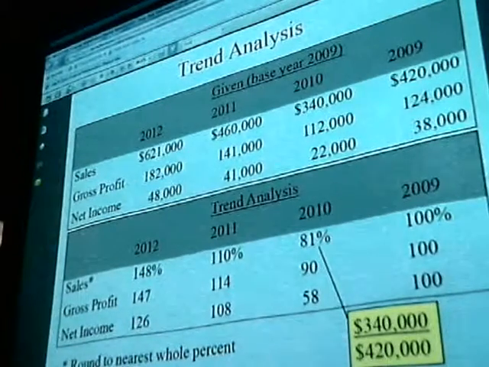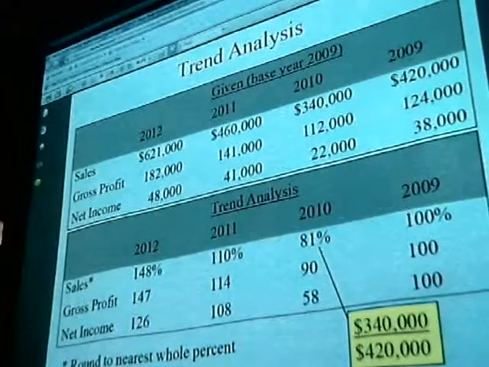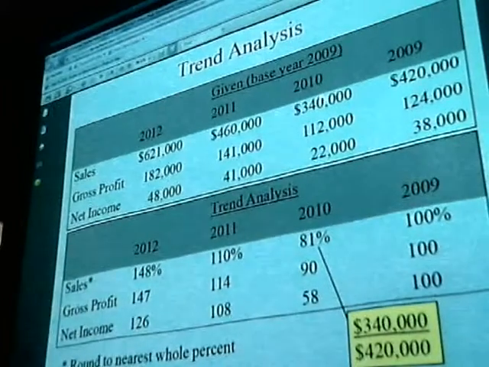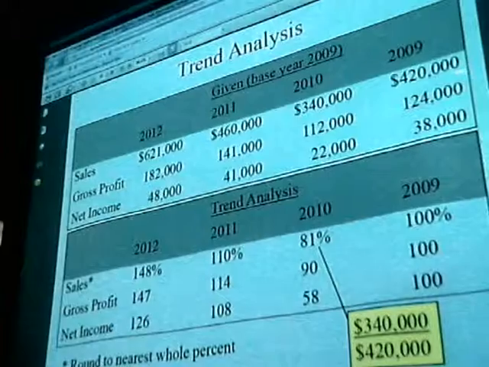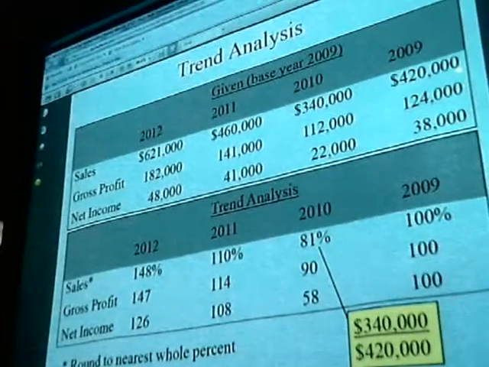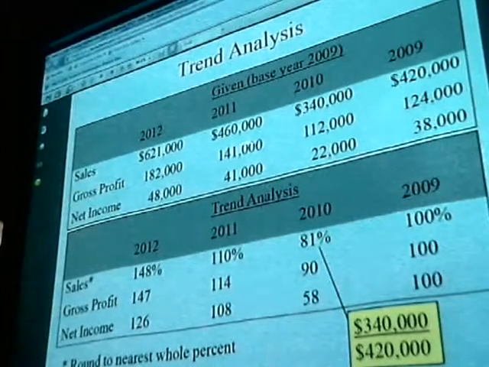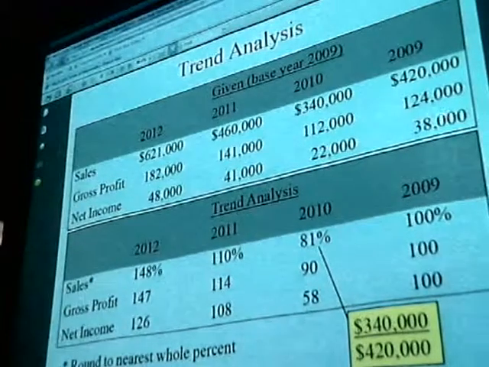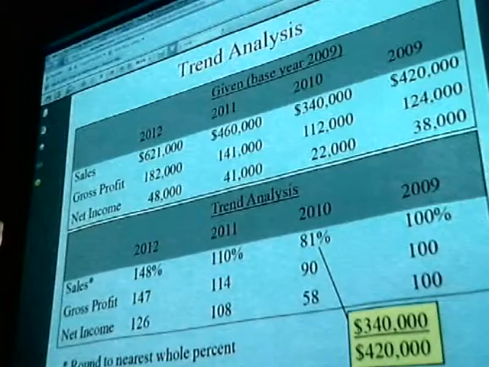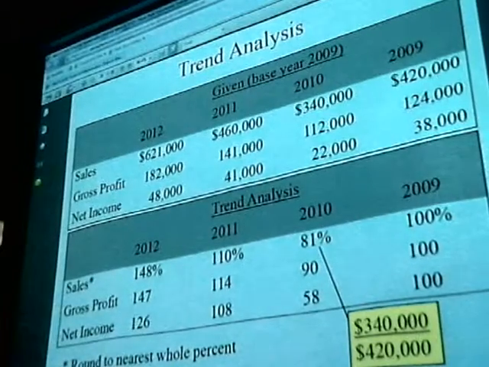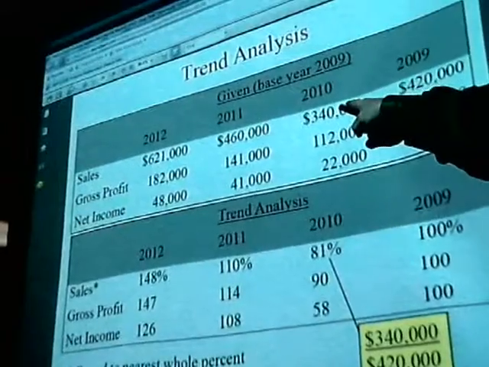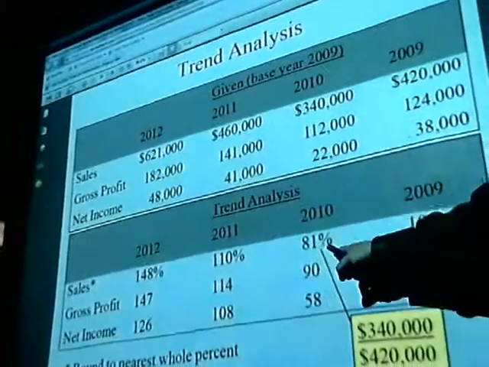For 2010, in the sales row, you do 340 divided by 420. And then in the second row, you do 112 divided by 124 to get the next number. And then 22 divided by 38 to get 81, 90, and 58. So whenever you're looking at this one, you plug your answer in the same place at the bottom, right here.